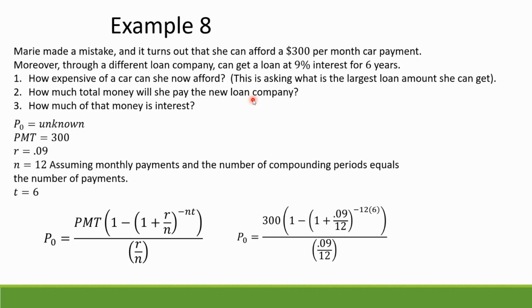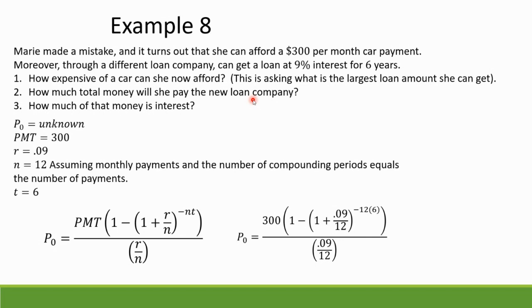Now the interest is going to be 9% interest. This loan will be at 9% interest for 6 years, through a different loan company. So we want to know, how expensive of a car is she able to afford?